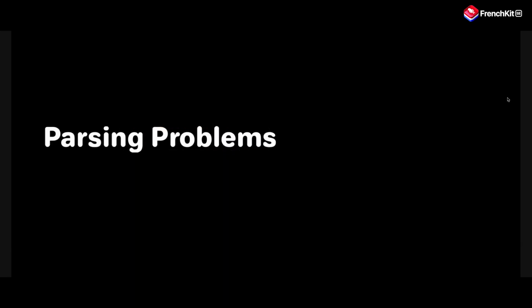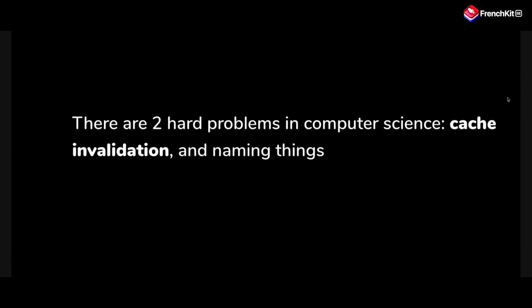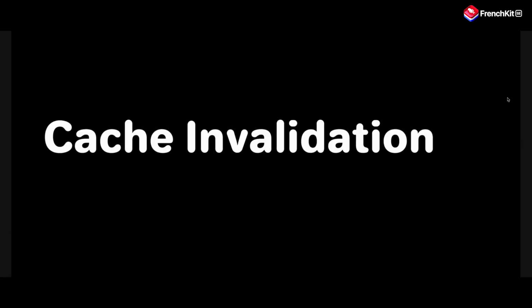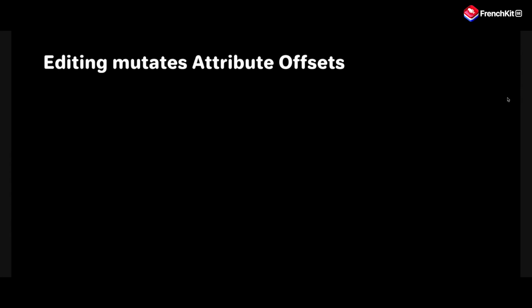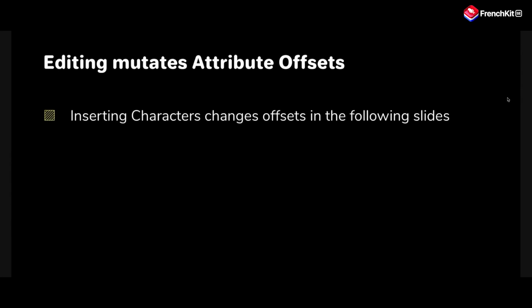Which brings me to the pathing problems, all the things that I ran into when doing this. There's a famous quote: "There are two hard problems in computer science: cache invalidation and naming things." And I certainly ran into the first one. Because when you insert a character into one of the earlier slides, that changes the offsets of everything below that.